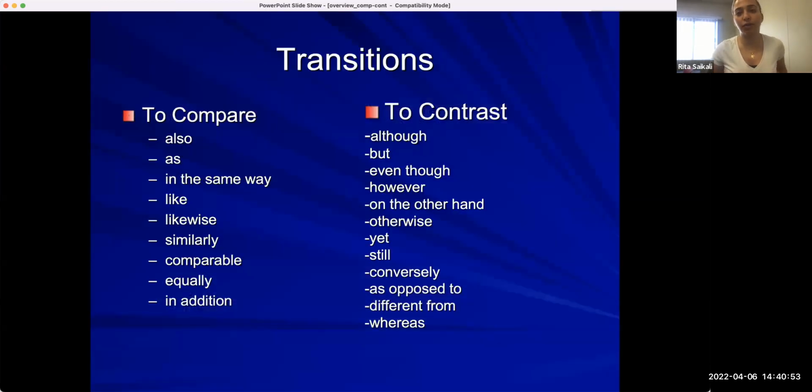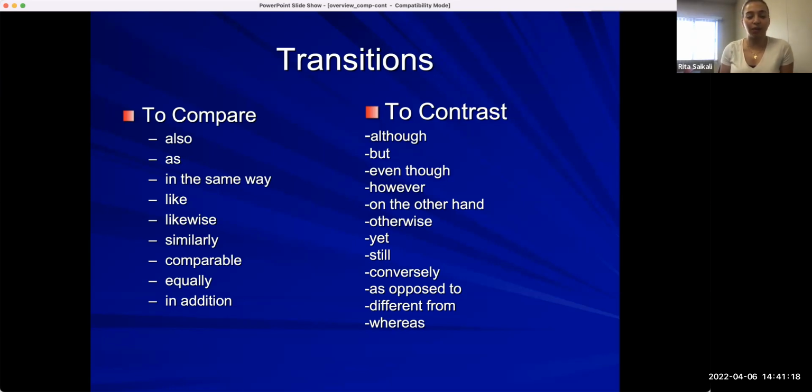So transitions are basically connecting words where you move from one topic to the other, or from one sentence to the other. Some things that can transition into comparisons would be also, right? This car is like this, and also it is like that. As, right?